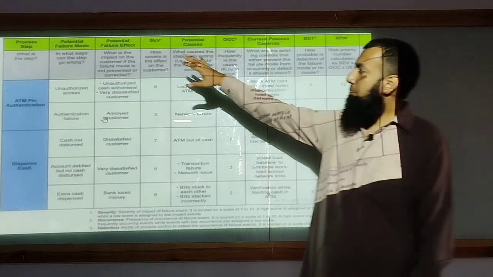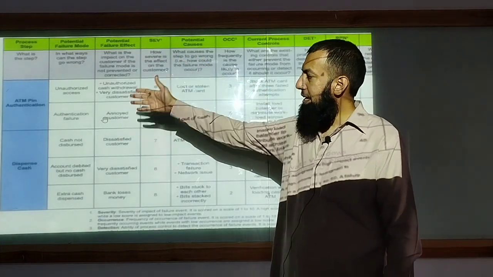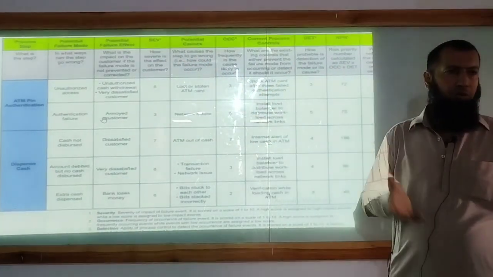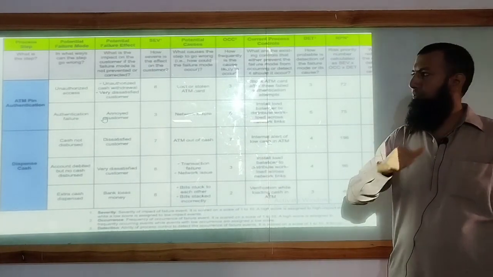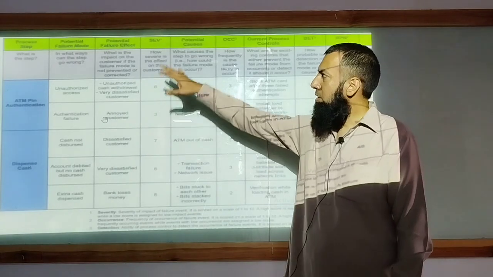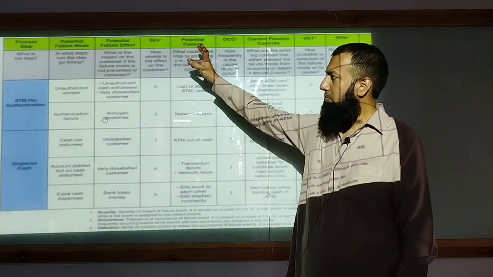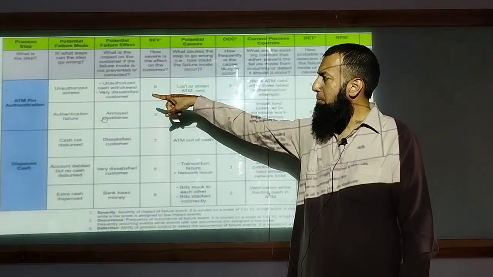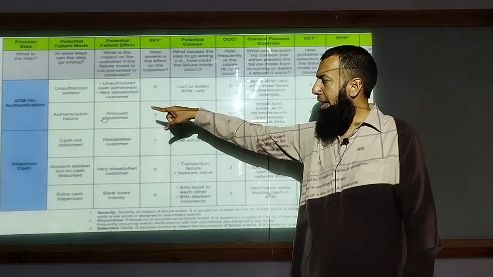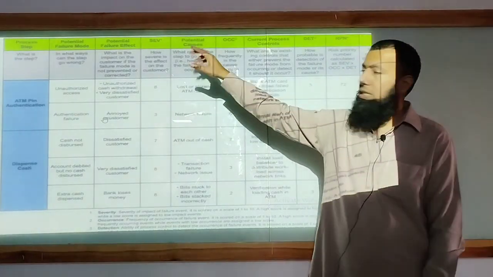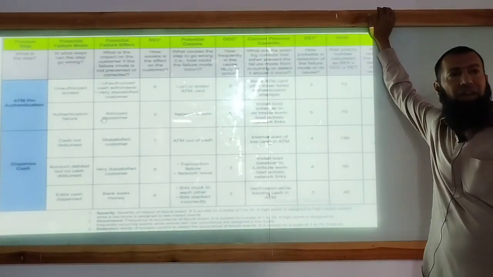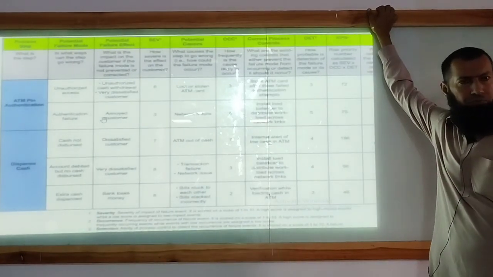So over here you see, the process step is ATM authentication. ATM authentication failure mode effect analysis you are going to run. In that you see, potential failure mode is what? Potential failure mode is unauthorized access and authentication failure. So these are the failure modes or failure kinds. Note it down.